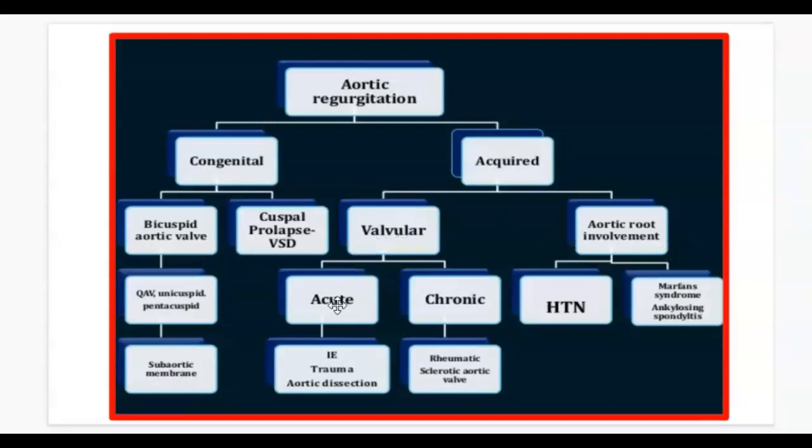Valvular, it can either be acute or chronic. We're going to talk about both of these and how they affect the heart. Acute being trauma, dissection, chronic being rheumatic, sclerosis, this and that.